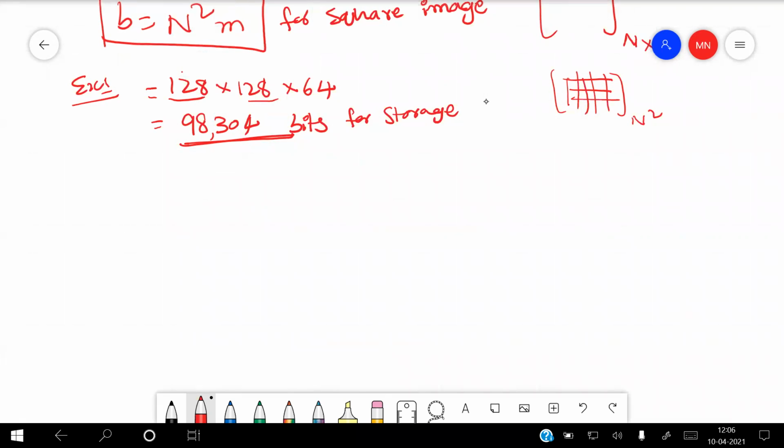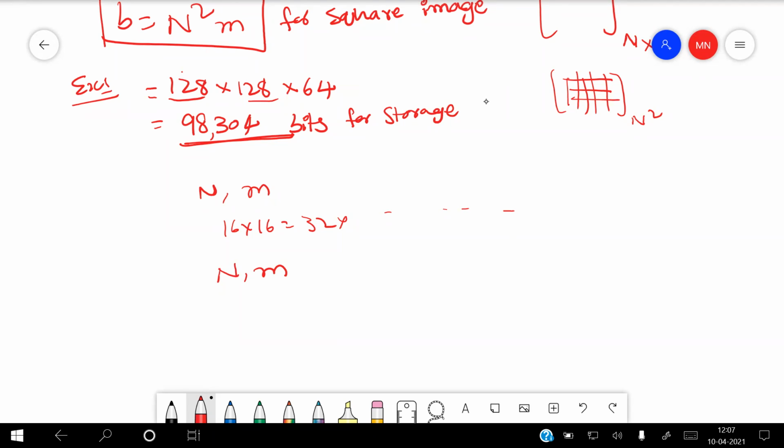Okay. Now, for example, take different n values and m values. Right? Now we have to just multiply it with different values. We have a tabular column in the textbooks with the different values of n and m.